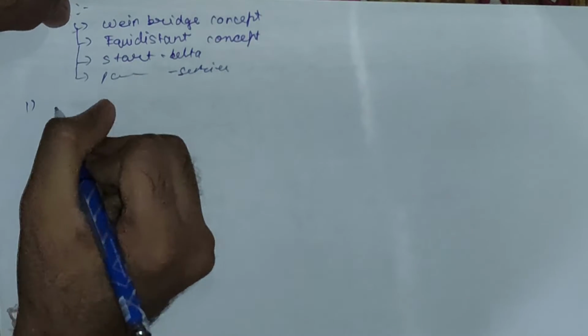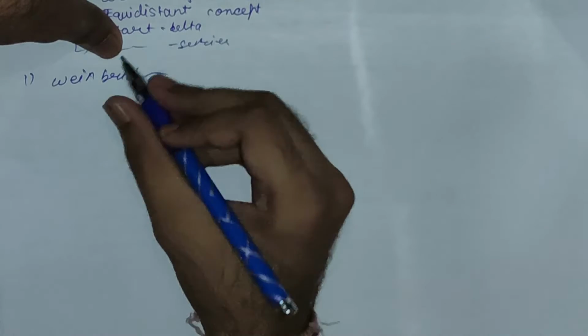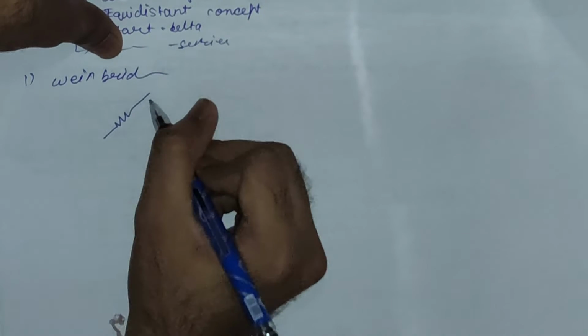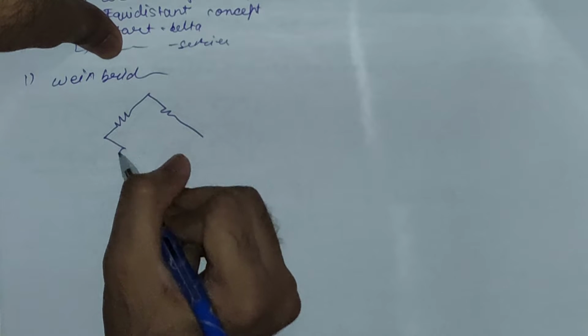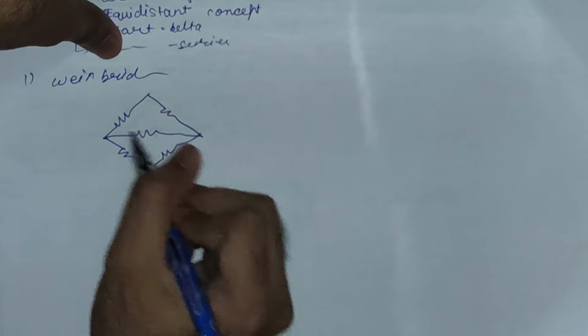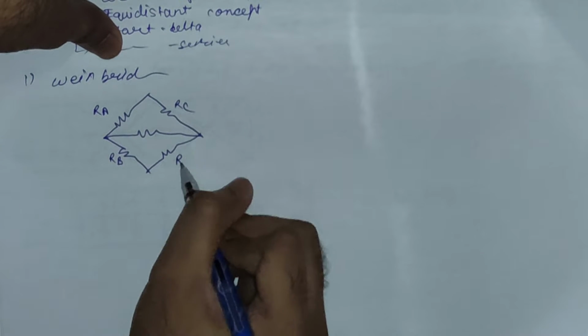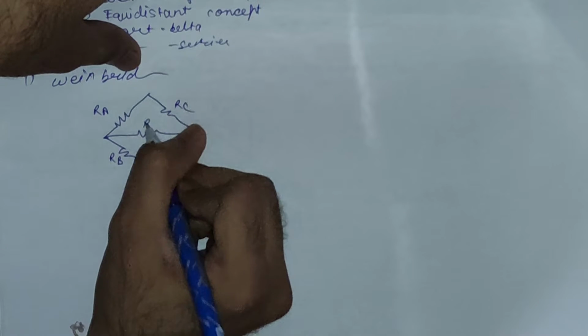So first one, the Wien-Bridge concept. What this concept says is that if you have this type of circuit, let's say this is RA, this is RB, this is RC, this is RD, and this is your RL.